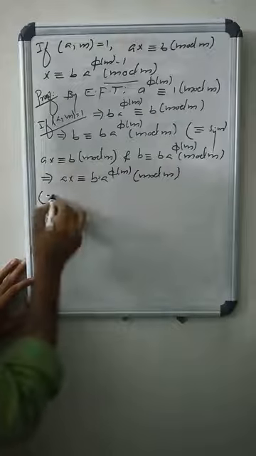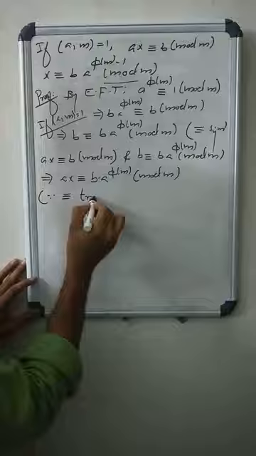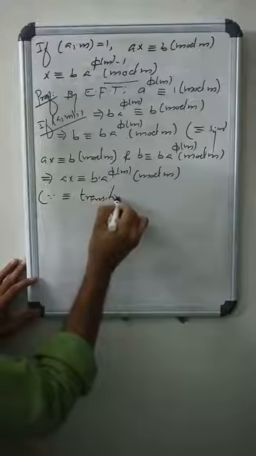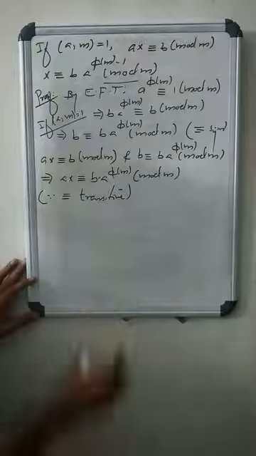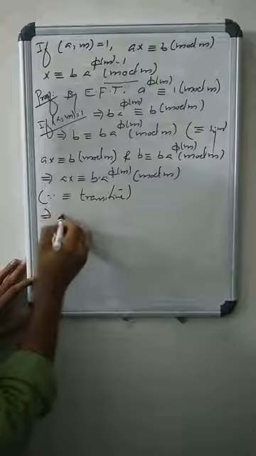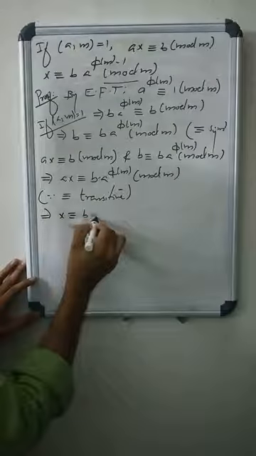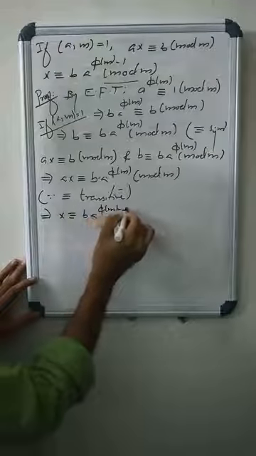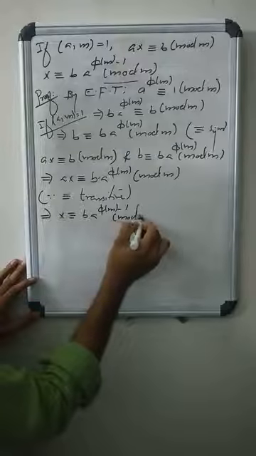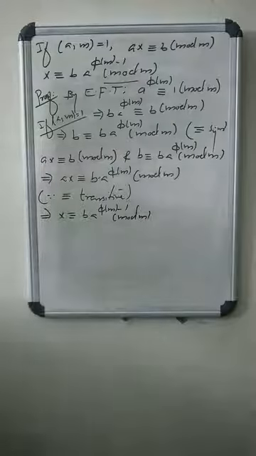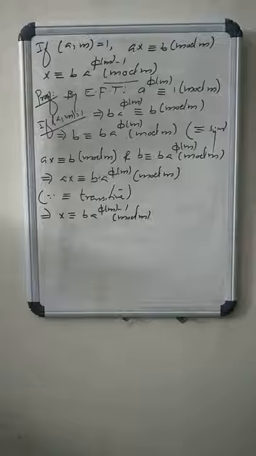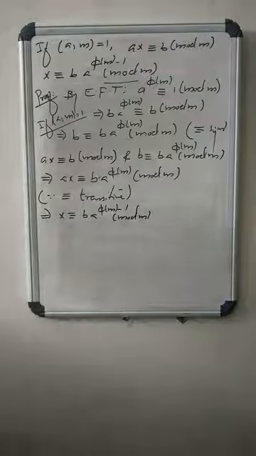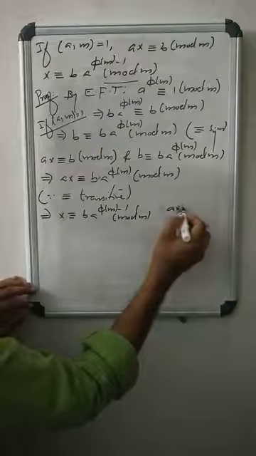Because the congruence relation is transitive. So that means x congruent to b a^(phi(m) minus 1) mod m is a solution of ax congruent to b mod m.